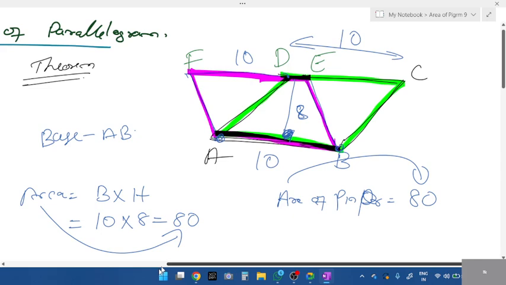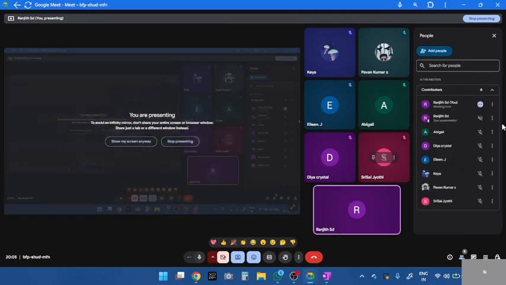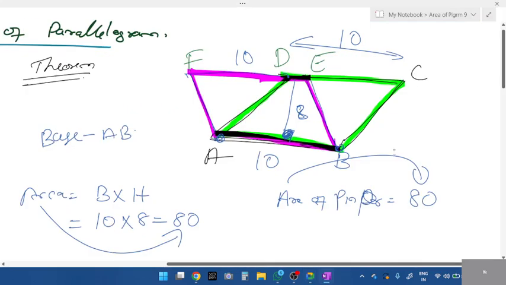Don't go through the textbook, it is too lengthy. Remember this. Whenever two parallelograms share the same base with same height, their area will be equal. And this is the reason. I will even explain the reason. Is it clear? All of you understood?